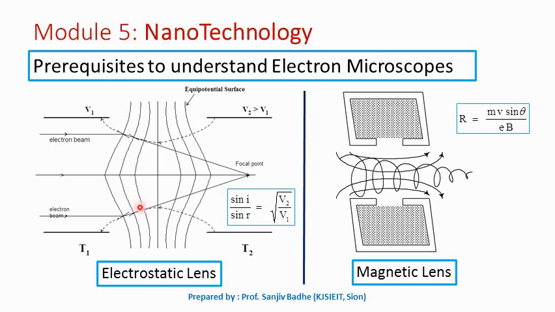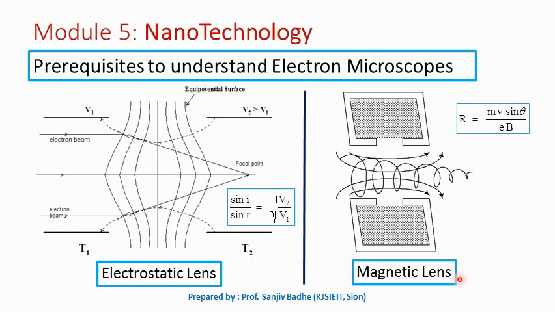Ultimately, after changing the path continuously, the electron beams arrive at a single point, the focal point. This is called electrostatic focusing, which is used in electrostatic lenses. We can use this type of electrostatic lens in electron microscopes.